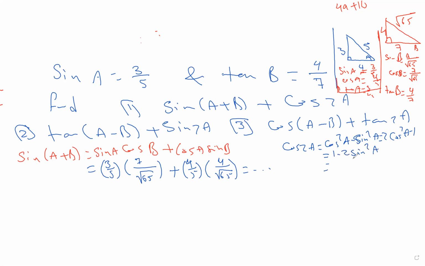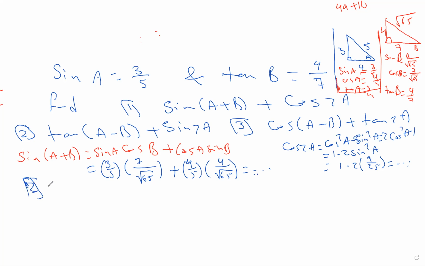We can use the last one because sine is easier. It will be 1 minus 2 times sine A, which is 3 over 5, squared, so 9 over 25, and find the answer. So number 1 will be this answer plus this answer.